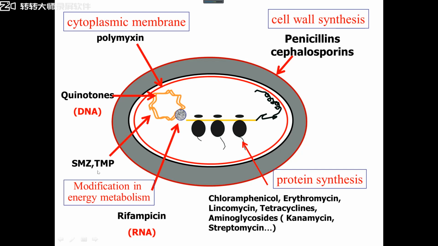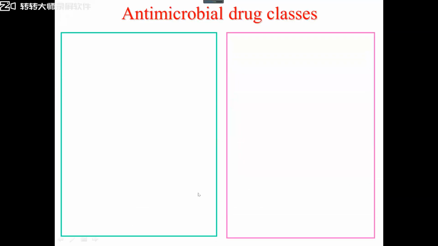Sulfonamides and TMP inhibit folic acid synthesis. Okay, so we studied the total mechanisms of all antibiotics. So we also can divide antimicrobial drugs into 5 categories.